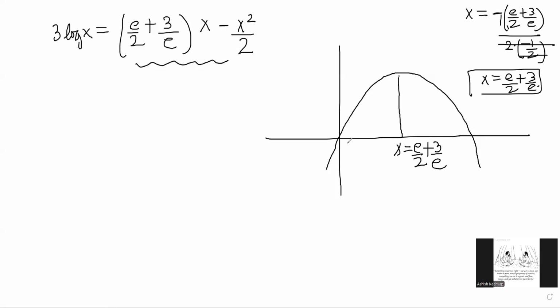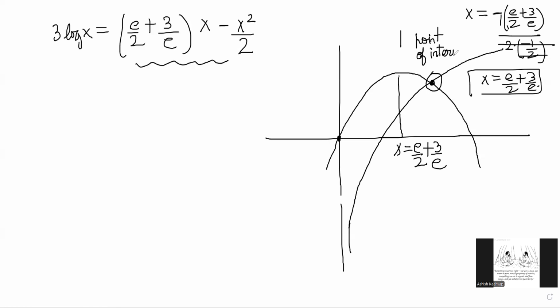And the other graph is simply y is equal to 3 log x. So it's a constantly increasing graph, right? So you can first of all notice that y is equal to 3 log x is always increasing function while the parabola starts like this, crosses 0, goes up, comes down. So clearly there will be only a single point of intersection, one point of intersection.